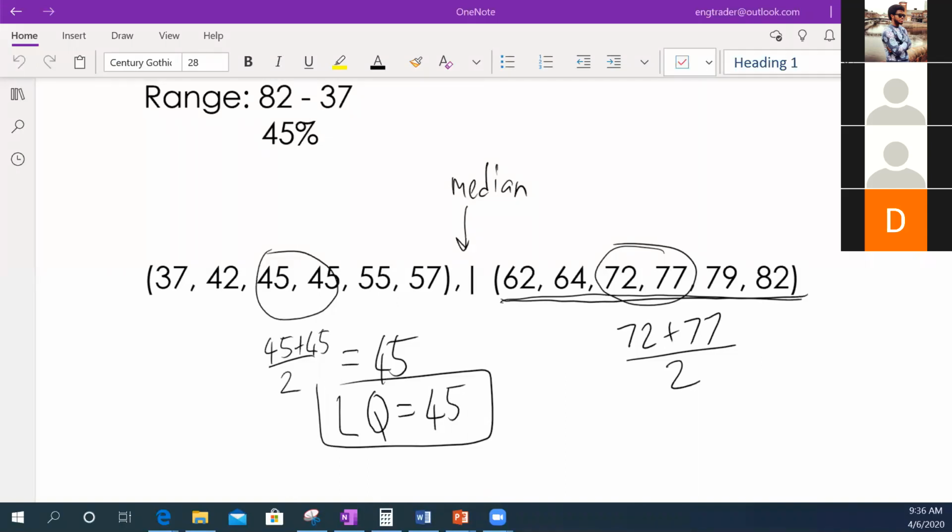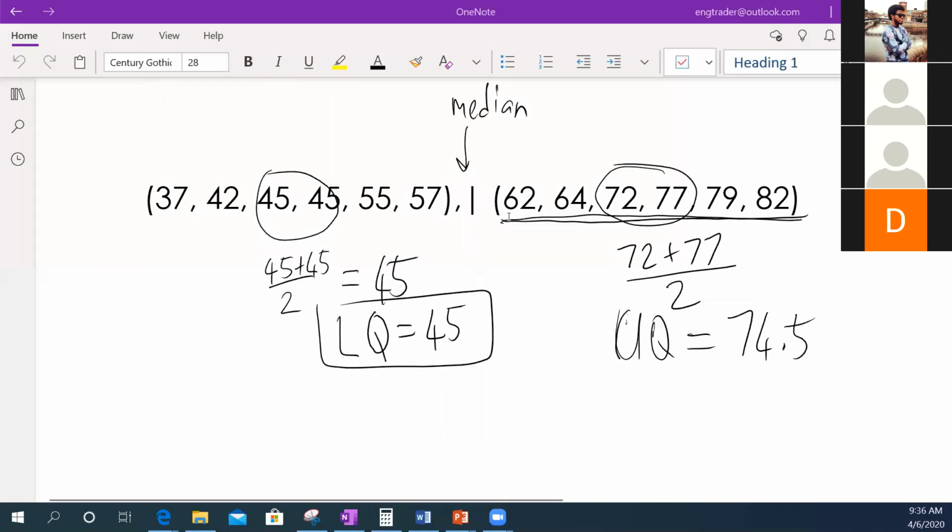Now, in this case, we have 72 plus 77, and then we divide that by 2 because we have two numbers in the center. When we work that out, our upper quartile is 74.5. So we did all of this to calculate the interquartile range.